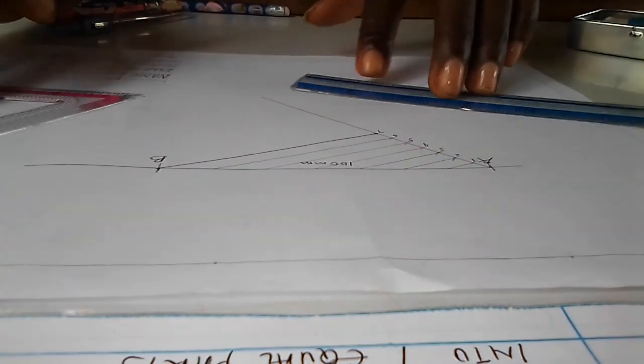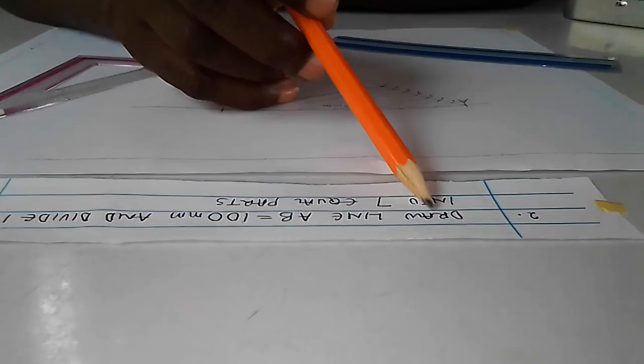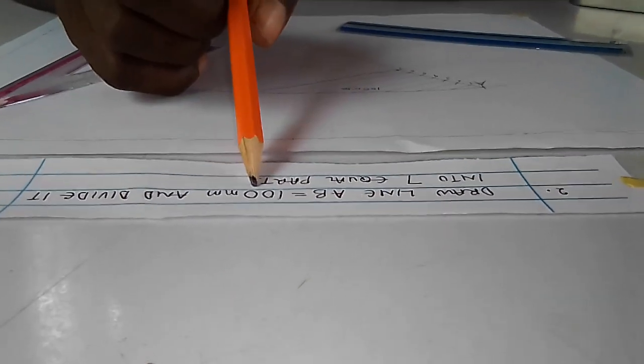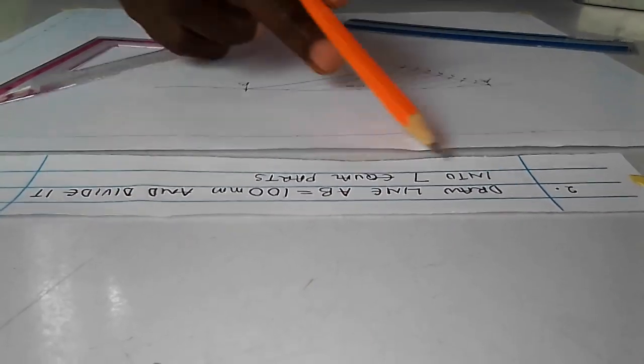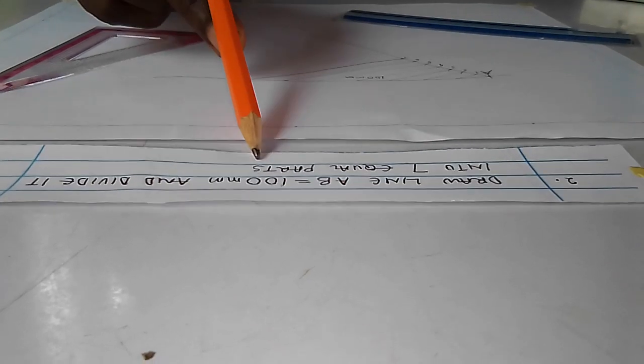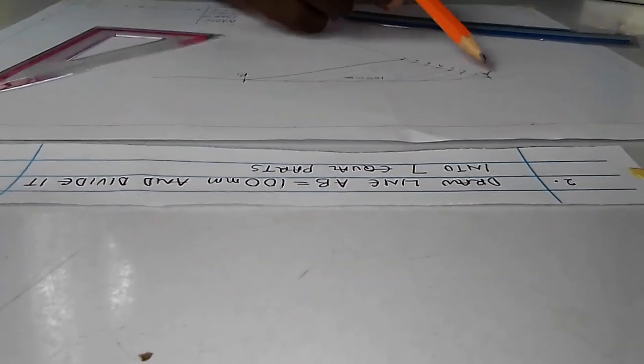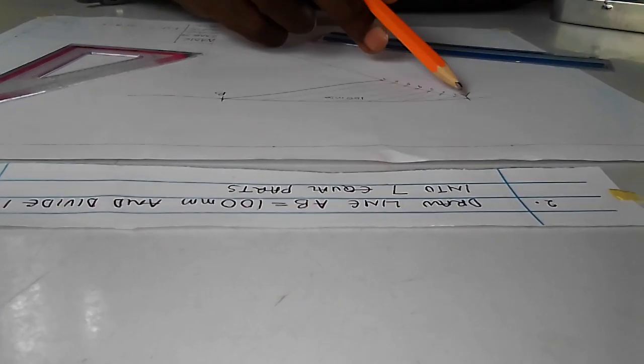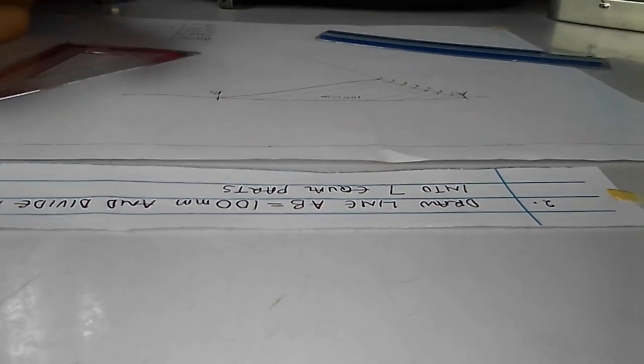Good. With this, I have answered the question that says, draw line AB equals 100mm and divide it into 7 equal parts. So I have divided line AB, 100mm, into 7 equal parts.